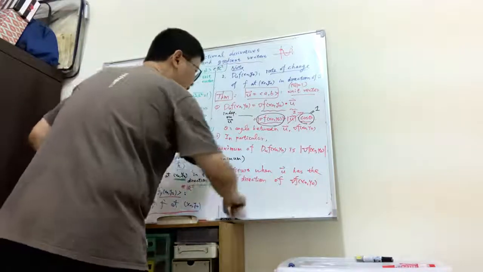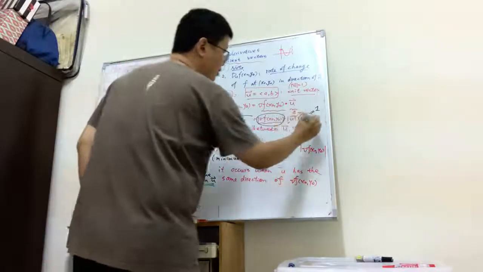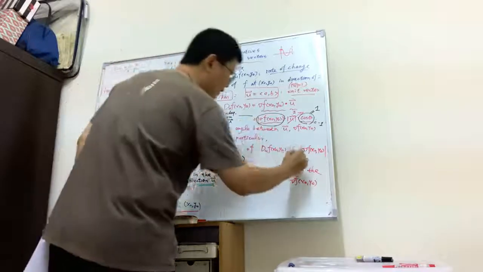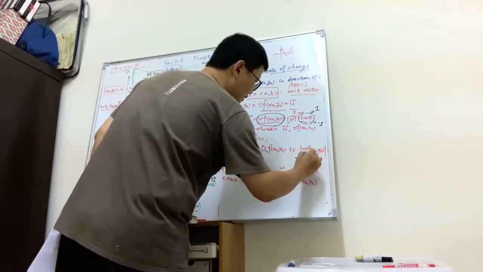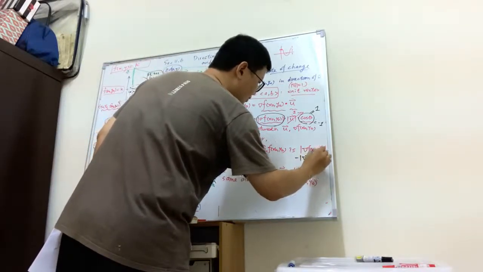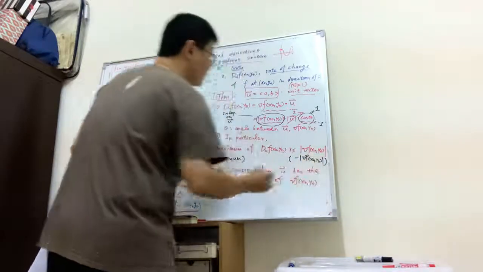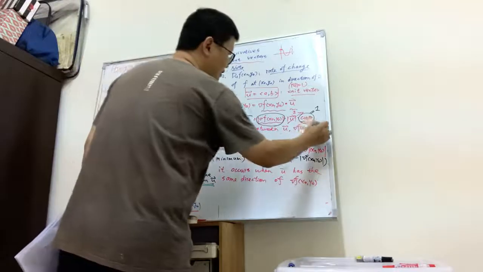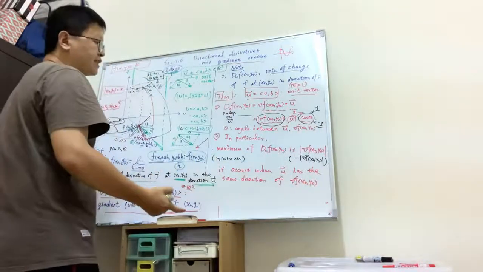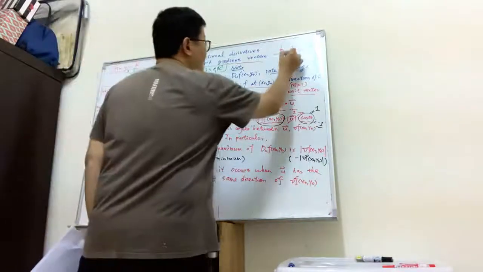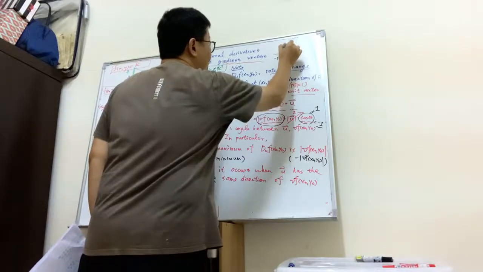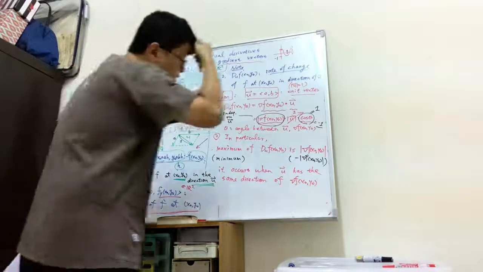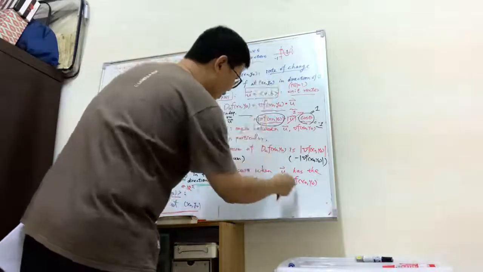And the minimum happens when cosine theta equals -1. Then it becomes the negative length of gradient f(x0, y0). This one is the minimum. It has the direction where cosine theta equals -1, which means theta equals pi. So it's a totally different direction.